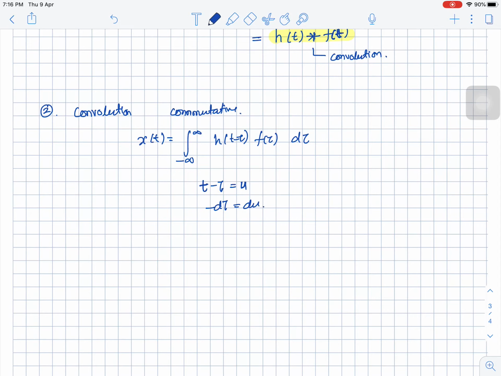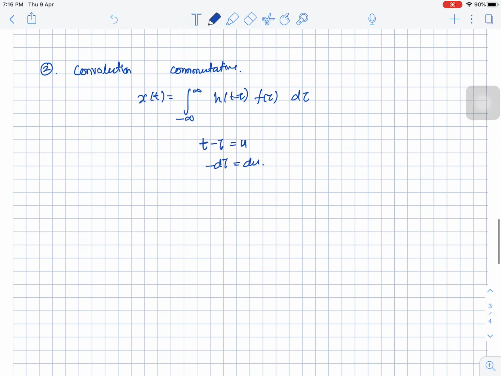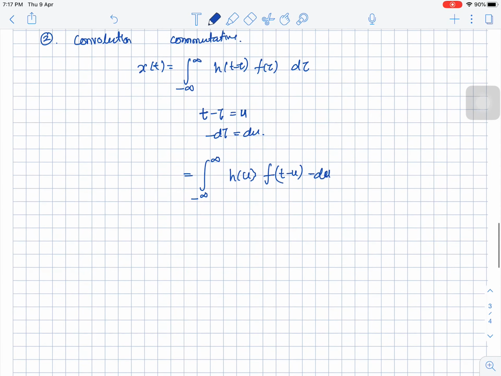Now substitute these into the above integral, from minus infinity to plus infinity, h of u f of tau, where tau equals t minus u, and d tau equals minus du.